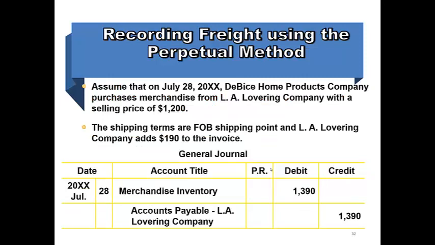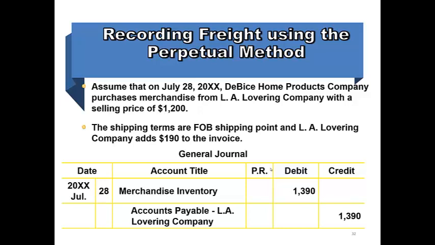To record freight under the perpetual system, freight is included in the cost of the inventory. So with the perpetual method, the freight account does not exist. Under the periodic method, we would just simply add the amount of freight, the $190, into the freight in account.